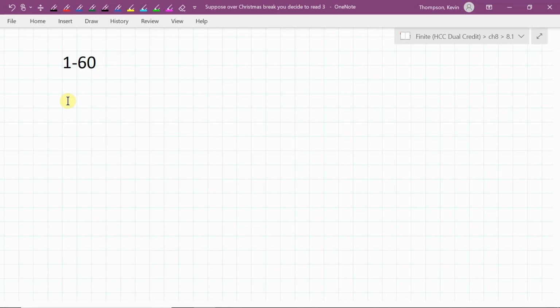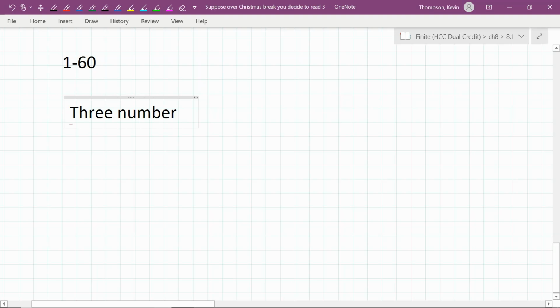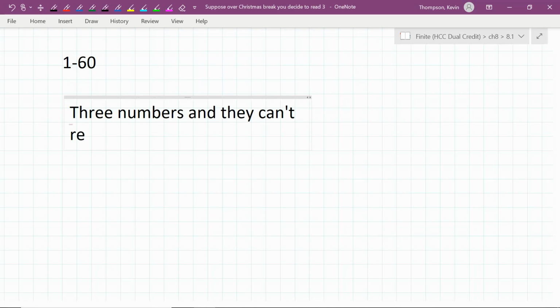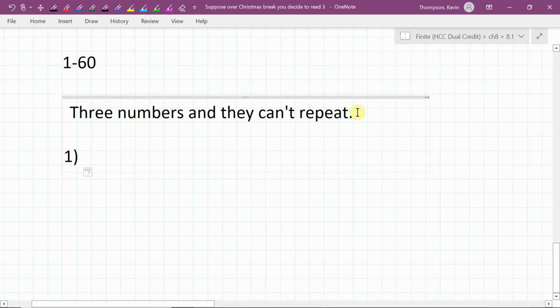Let's say that there are 3 numbers. We have to enter 3 numbers and they can't repeat. That's usually true with locks. Some locks would let you repeat numbers, but it actually makes it a lot more insecure. But let's just say they can't repeat. First question: combination or permutation?